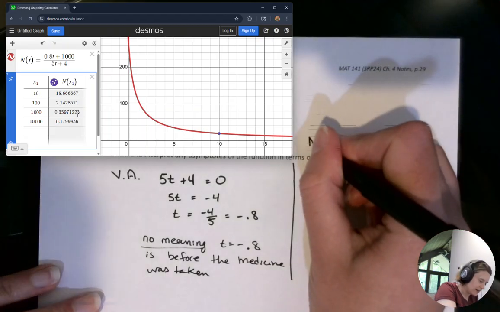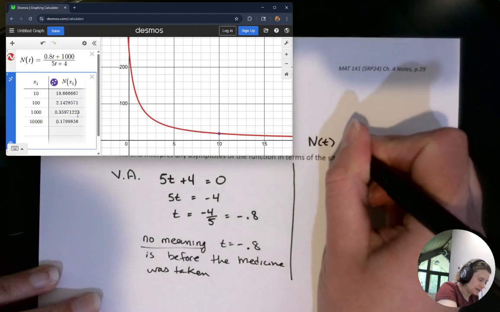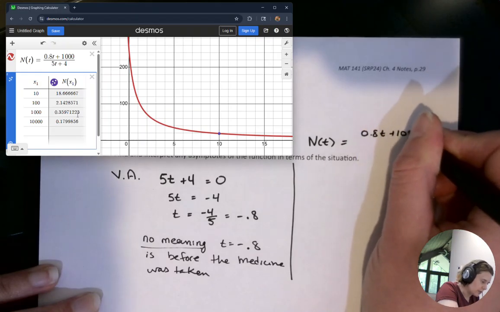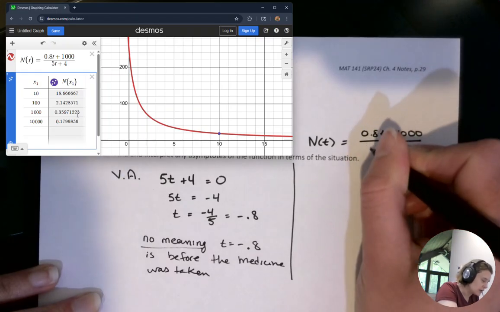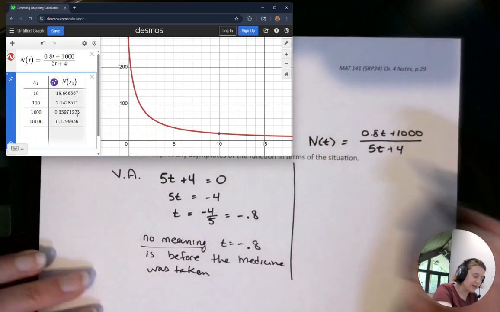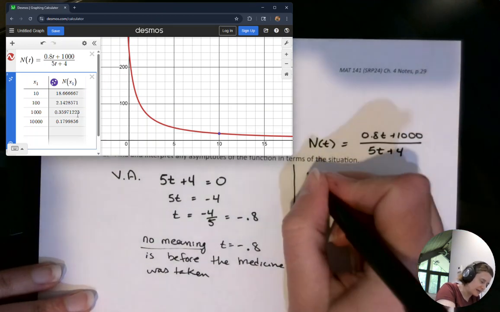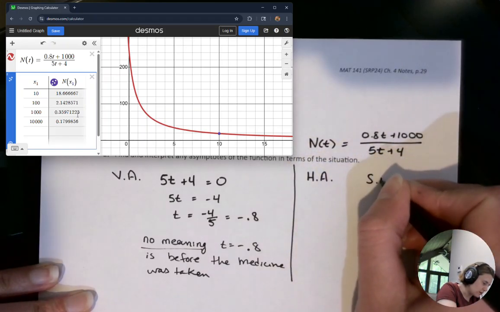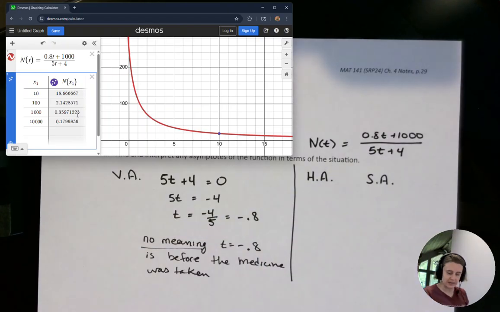Okay, I'm going to write down my function again right here, just so I can see it since it's on my other page. It should be on your page, so you can just look back and see yours. I'm going to look now for either a horizontal asymptote or a slant asymptote. So first is, which one do I have? Is it horizontal or is it slant? Look at the degrees.